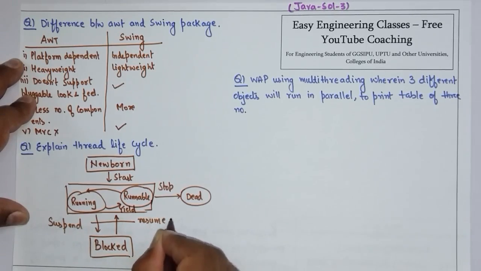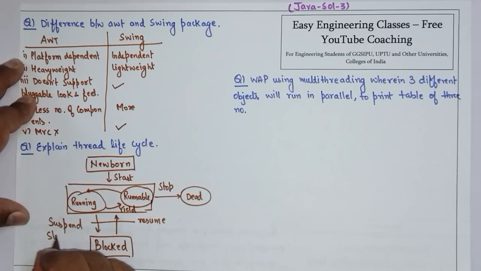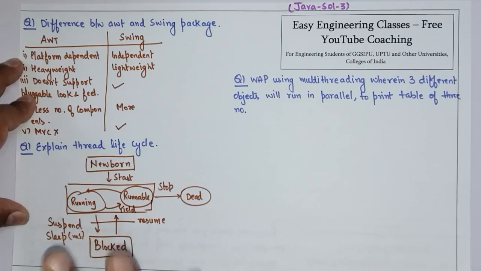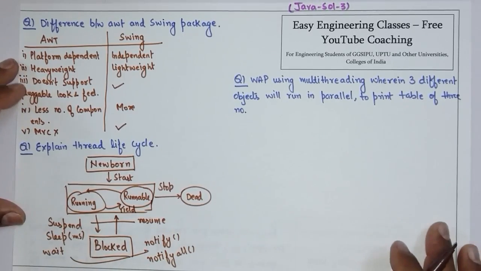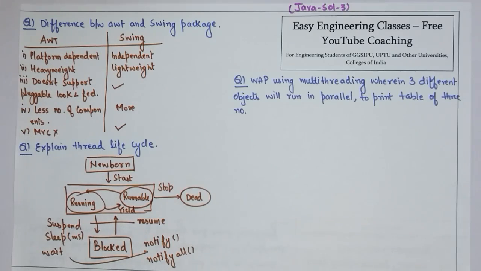Then we have sleep. Sleep has milliseconds specified in the arguments. Then we have wait method, and the counterparts of wait are notify and notifyAll. So this is the life cycle of thread.